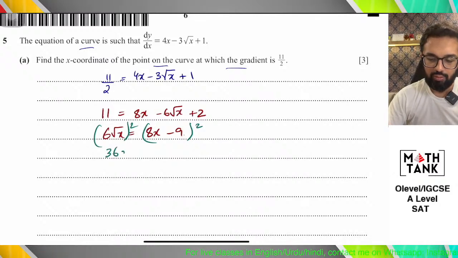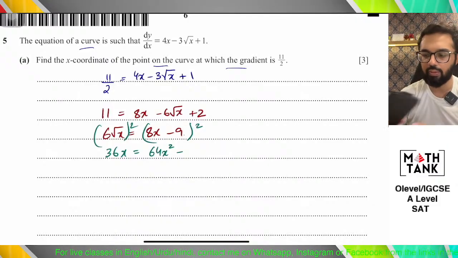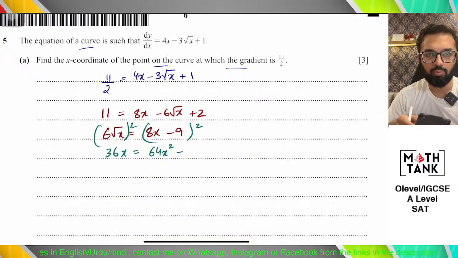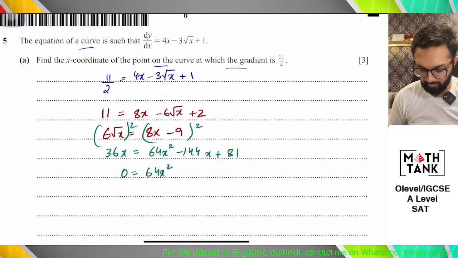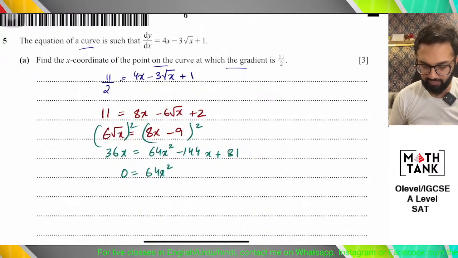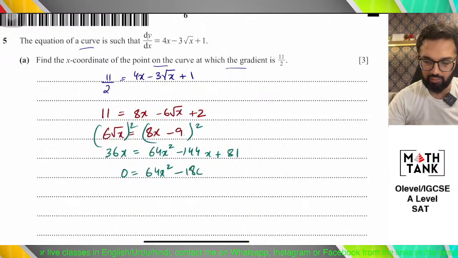You get 64x squared, 9 into 8 is 72, 144x plus 81. 144 plus 36 gives me 180.